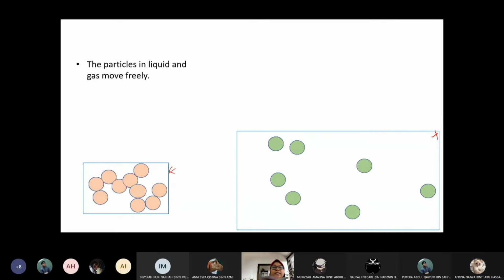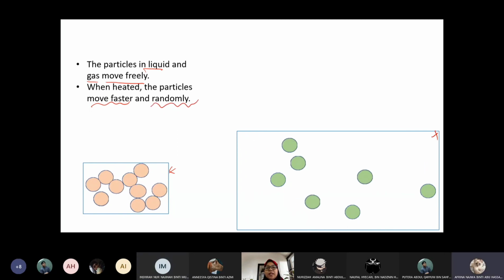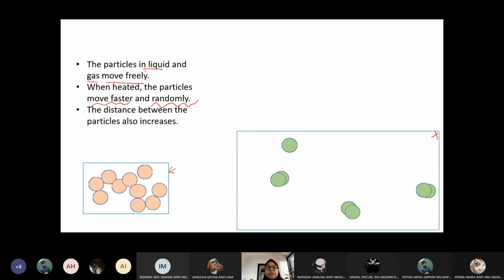About particles, liquid and gas move freely. When heated, the particles move faster, just like solid particles, and randomly. The distance between the particles also increases, and the volume also increases.